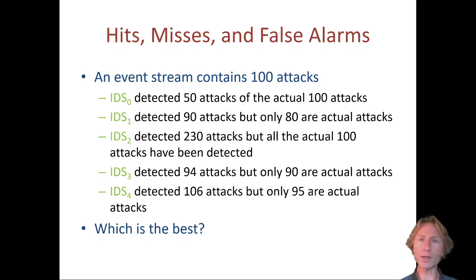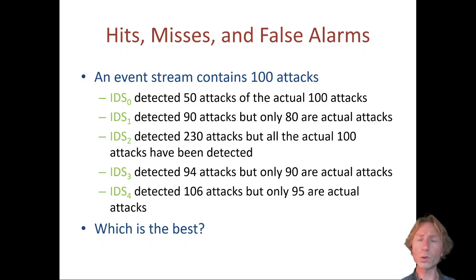If you're guarding something super important, say, your nuclear weapon system, right? Then detecting all attacks is all of a sudden a lot more important than when you're protecting the web server of a university, right? You really don't want to have any false negatives.